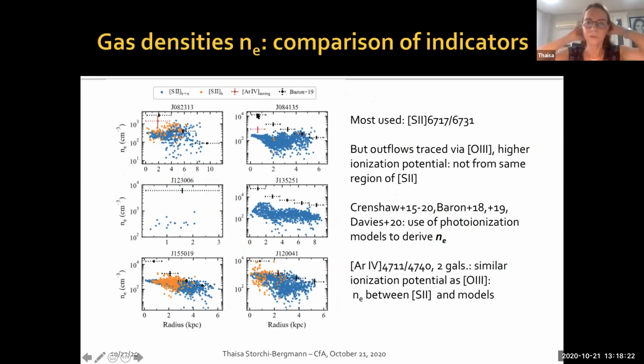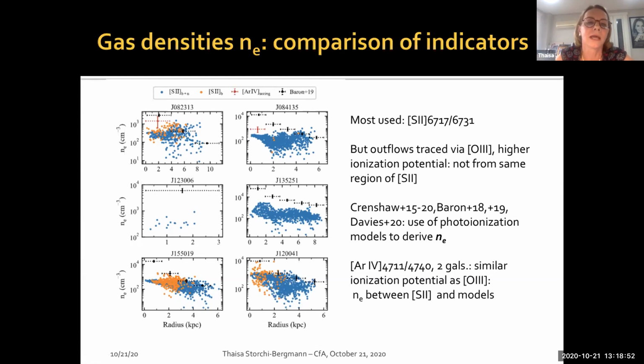And we found that in two galaxies of the sample there are these argon lines that should be a better tracer of the density of the outflowing gas, because we are tracing the outflowing gas with O3. The sulfur lines have lower ionization potential, so they most probably come from a different region.